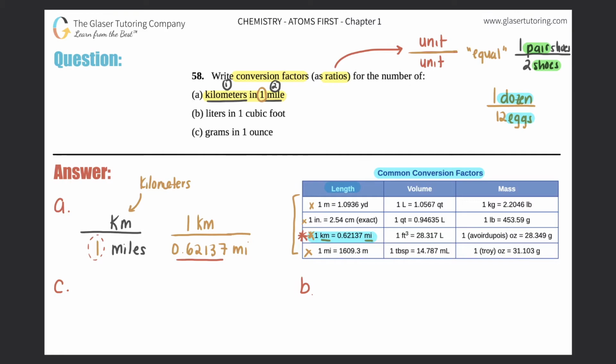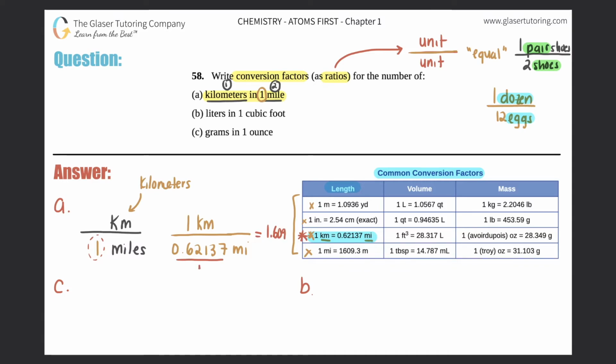So on the calculator I'm going to say 1 divided by 0.62137. And I'm going to get out 1.609, and then we'll put a 3.